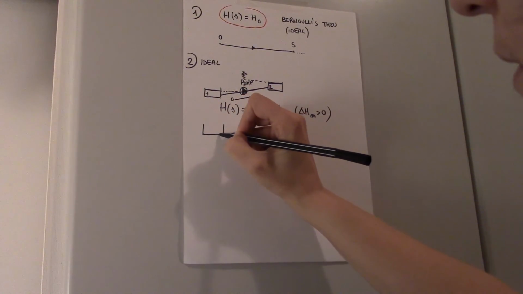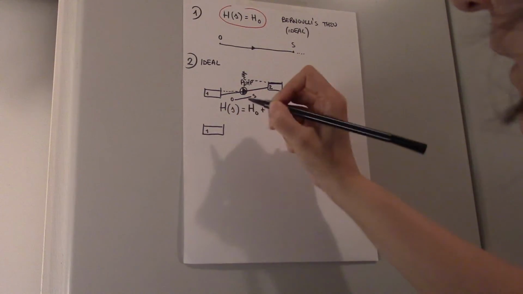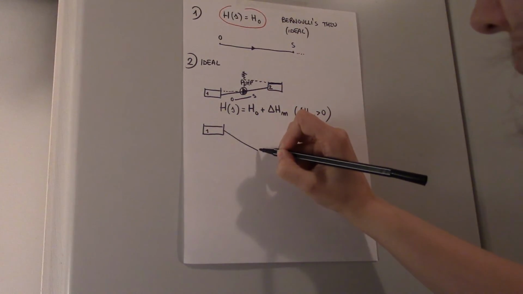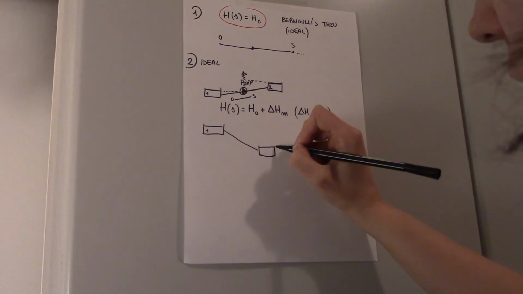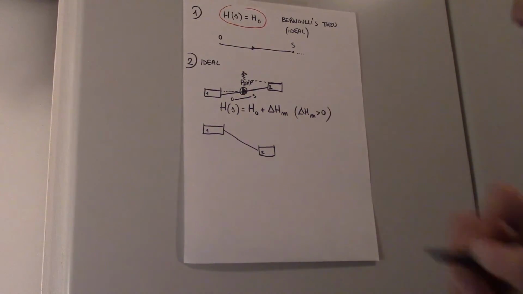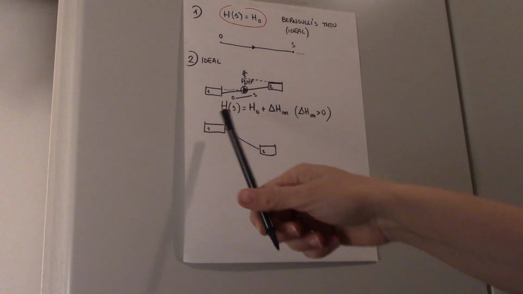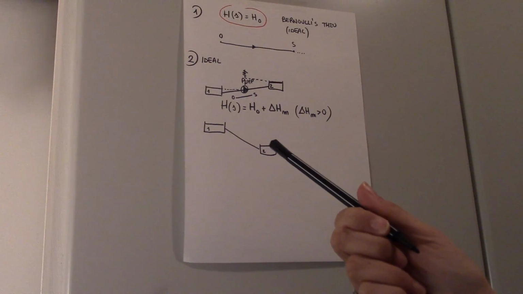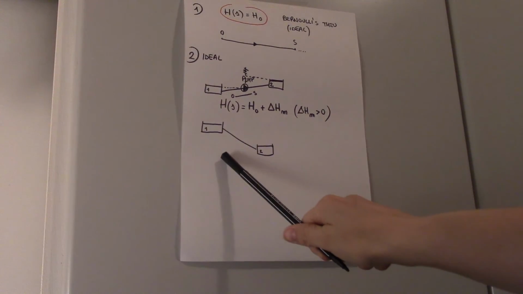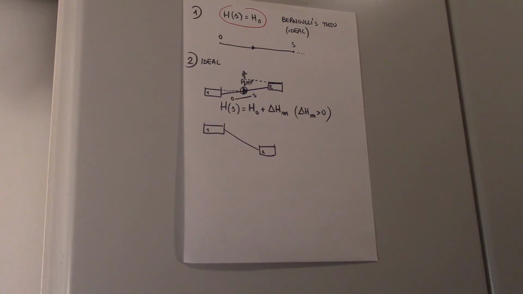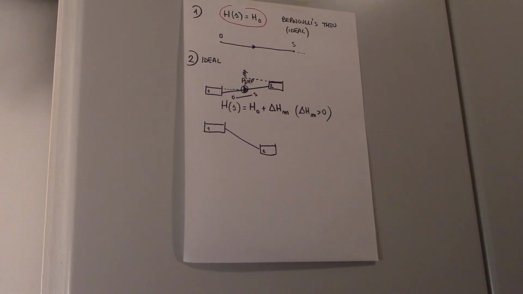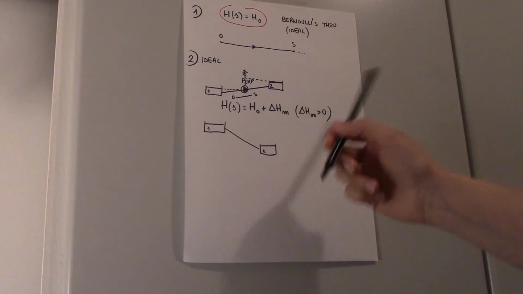So for example, you have a tank number 1, and then you have the pipe, and you have the tank number 2. So with level number 1 is associated an energy which is higher than number 2, which means basically that moving from 1 to 2, you can get part of the energy associated with the fluid.